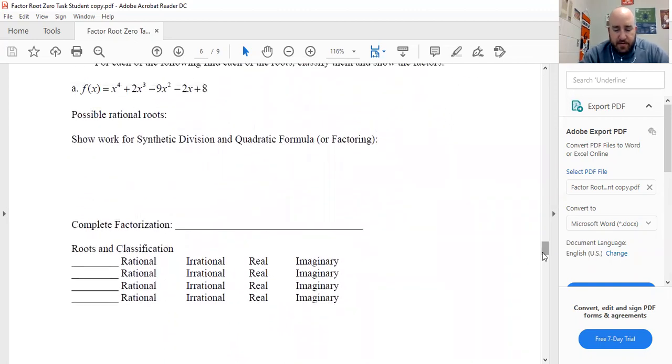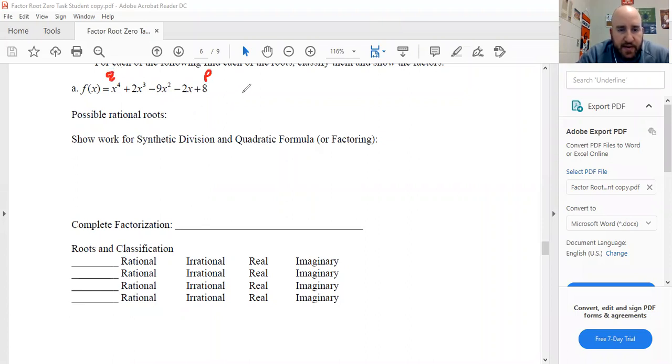But we're starting here with A. So we've got x to the 4th plus 2x cubed minus 9x squared minus 2x plus 8. Rational root theorem, possible rational roots: P over Q, with Q being the invisible 1.